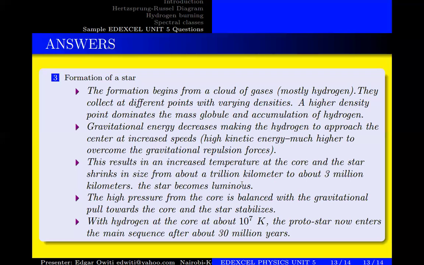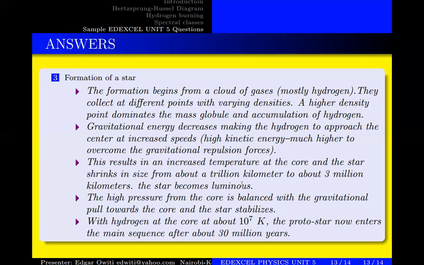The beginning of formation of that star is a collection of hydrogen atoms because of the gravitational attraction, which will increase and will attract many and many atoms of hydrogen until the mass of the hydrogen becomes big enough, the temperature at the core becomes high, and at that point, the protostar begins to shrink in size until we have the nuclear reaction at the center balancing the gravitational pull.